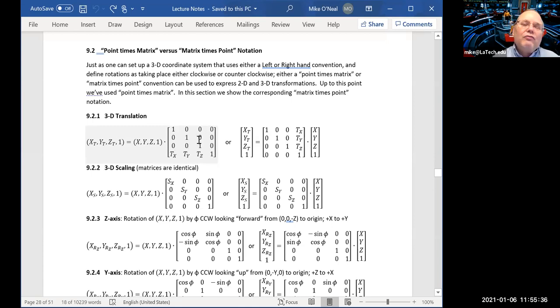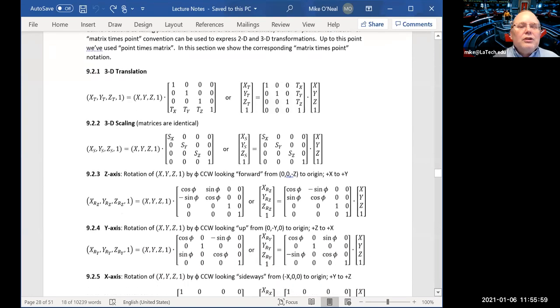If they're doing it this way, it's a point times the matrix. If they're doing it this way, it's the matrix times the point. It's quick and easy to see. If you see T along the bottom, you know it's point times matrix. If you see T along the column, you know it's matrix times point.